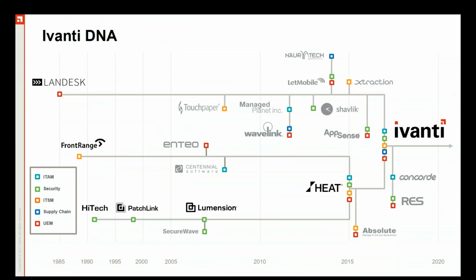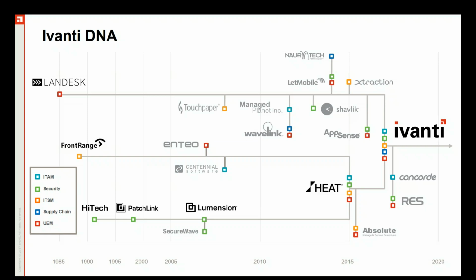because a lot of people are still unaware of the Ivanti name. You might have heard it but not quite understand where it's come from. So this is a quick DNA slide on where we come from. So 1985 is when Landesk started and essentially ran its own course along that top line there, growing through acquisitions.